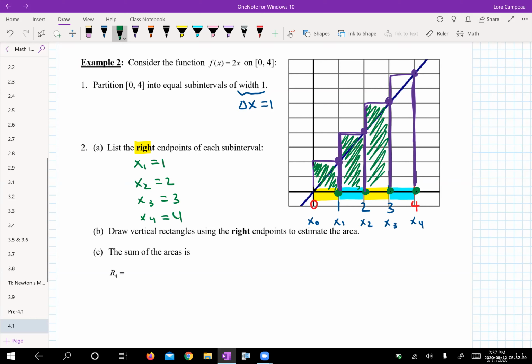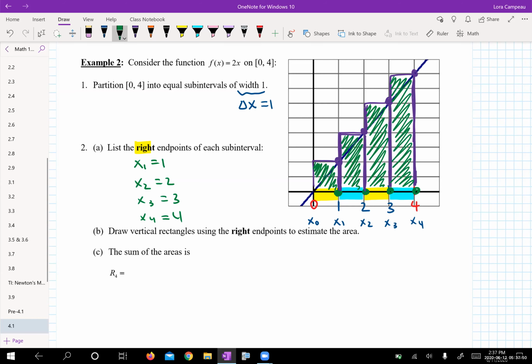Now, if you compare drawing the rectangles using the left endpoints versus the right endpoints, the right endpoints seem to not have any empty space anymore. What we end up having is we're over our curve. And then you could probably guess visually what's happening.